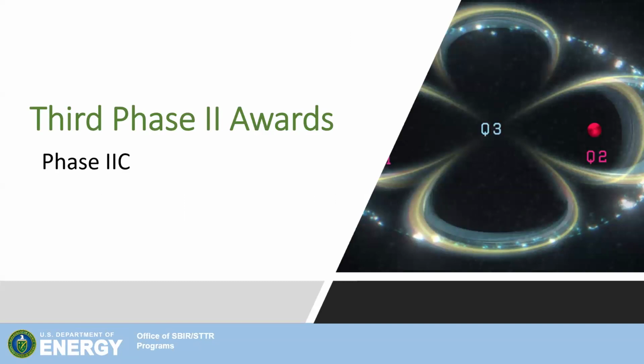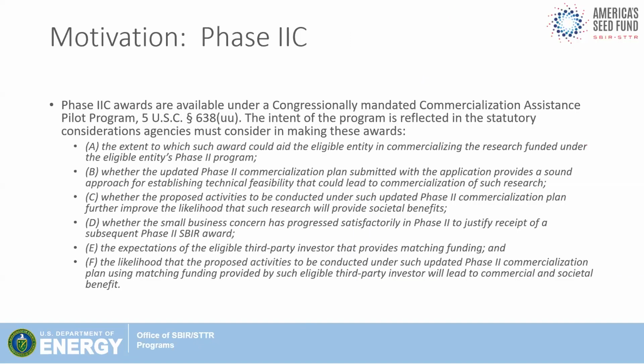So I'm going to touch on the third phase 2 awards. Again, hopefully we'll still have plenty of time for questions. Phase 2C is actually called the Commercialization Assistance Pilot Program in statute. Congress mandated that if an agency gives second phase 2 awards, they make these third phase 2 awards available.